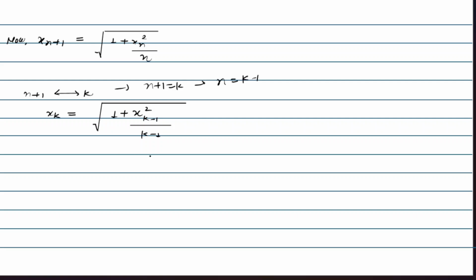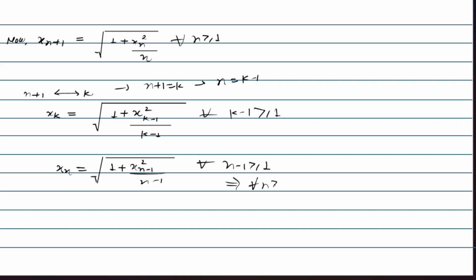Now if I replace k by n, then xn is equal to the square root of 1 plus xn minus 1 square upon n minus 1, and this was for n greater than or equal to 1. So this holds when n minus 1 is greater than or equal to 1, which means for every n greater than or equal to 2.